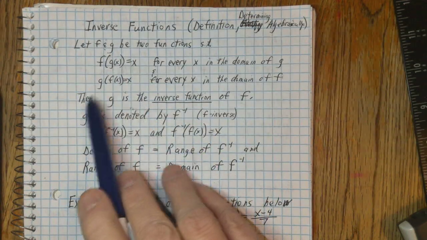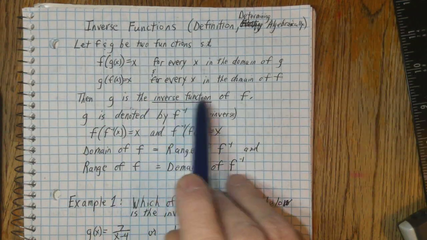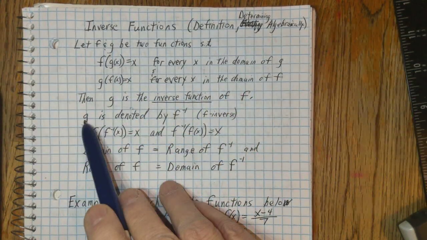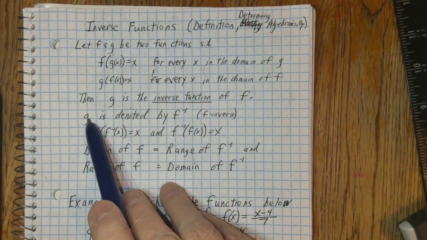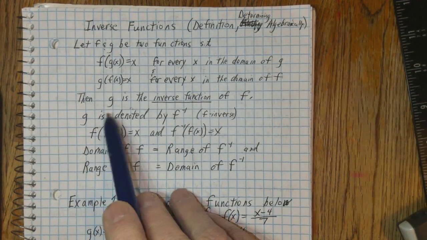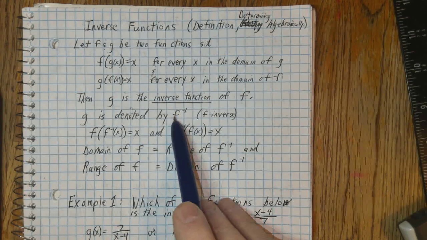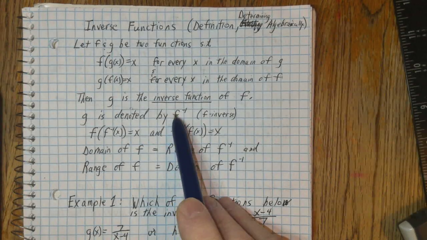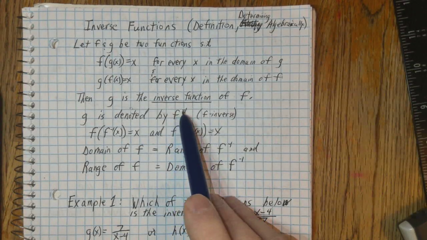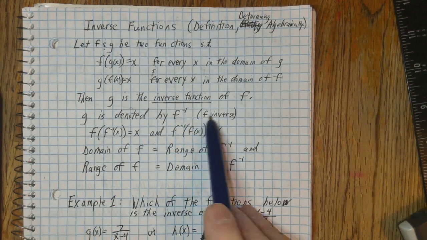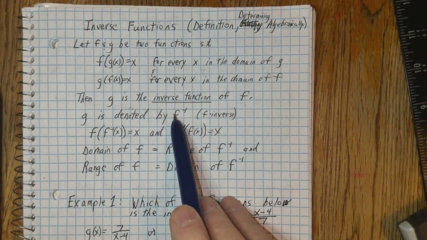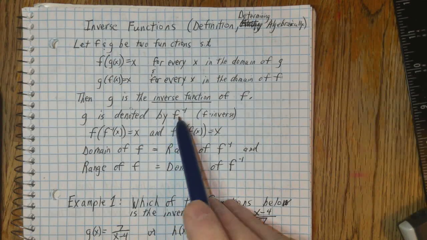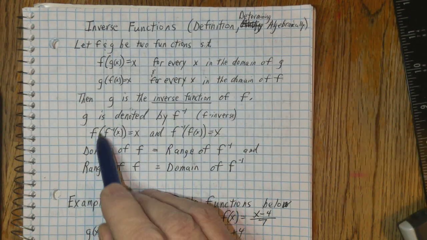If this is the case, then g is the inverse function of f, and we denote g, rather than just having a different letter, in terms of the f name. It'd be f and then that -1. That's just called f inverse. Or I would say the inverse of f of x, when you see something like this.